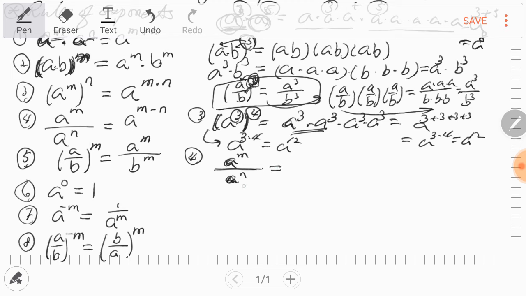Then you can move one of the exponential forms to the other side. So let's say I want to move the denominator to the numerator, then that becomes a to the, change the sign of the exponent. Okay, that's important. Change the sign of the exponent.